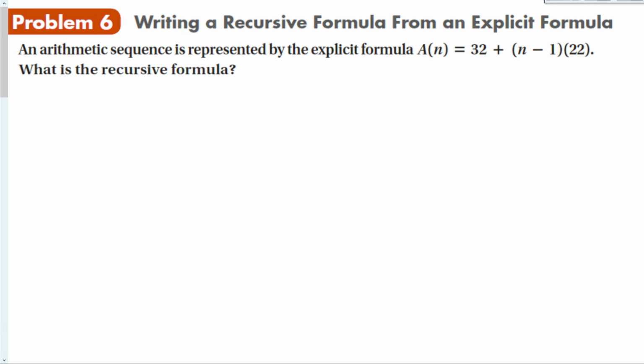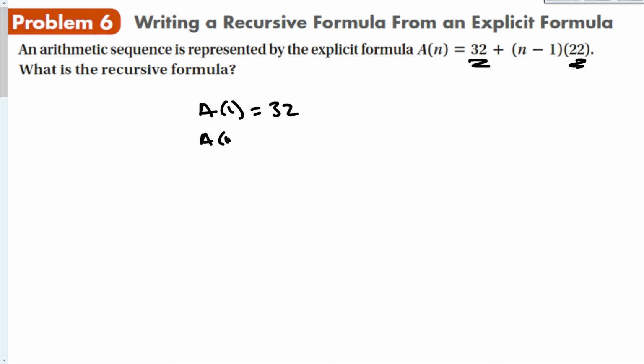Okay? An arithmetic sequence is represented by the explicit formula 32 plus n minus 1 times 22. What is the recursive formula? So now we're going to go the other way. I know the first term is 32, so a of 1 is going to be 32. And 22 is my common difference.